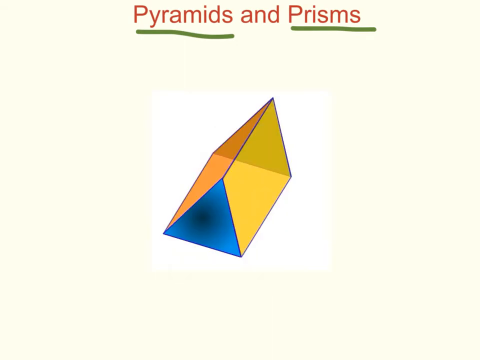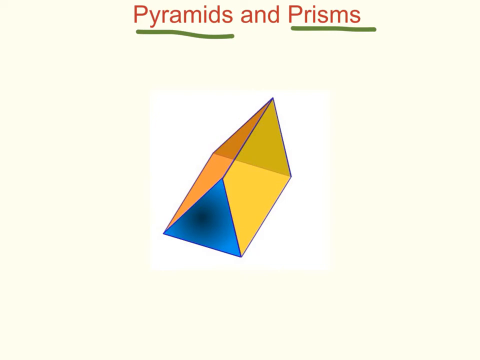Here we have a triangular prism. And we know that because the bases are triangles. They're congruent, same size and shape. And what else you'll notice about prisms is that the faces are always rectangular. So there's a face that's rectangular, and here's the other one kind of on the other side, and it also is a rectangle.